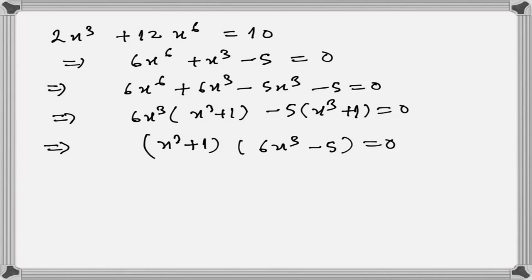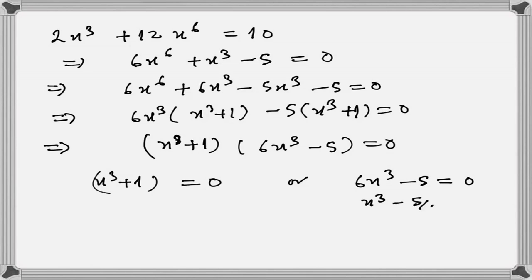So either x cube plus 1 is equal to 0 or 6x cube minus 5 is equal to 0, or both. Let's find the roots of these two equations. The second can be simplified to x cube equals 5 by 6.